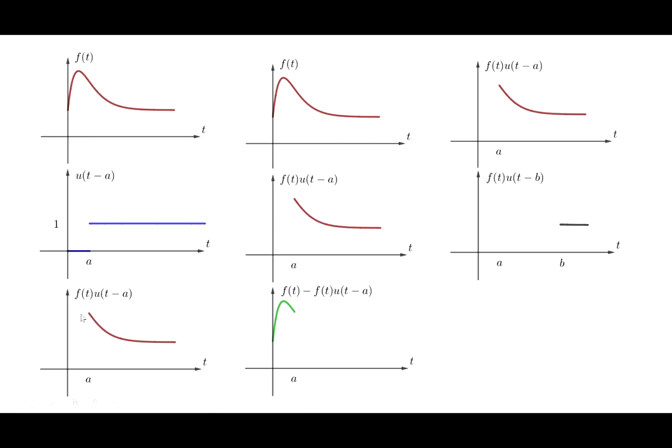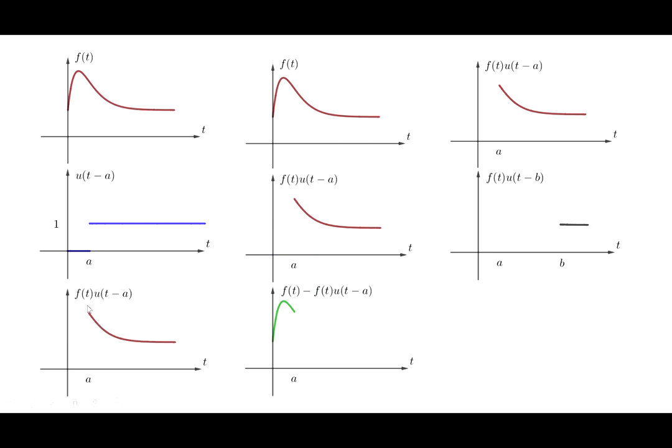Whatever the graph of f of t looked like for t greater than a, that's what f of t u of t minus a looked like. Let me repeat that. The graph of f of t u of t minus a is the graph of f of t on the interval a to infinity, right? On a to infinity, this is the graph, and that's what you're seeing here.